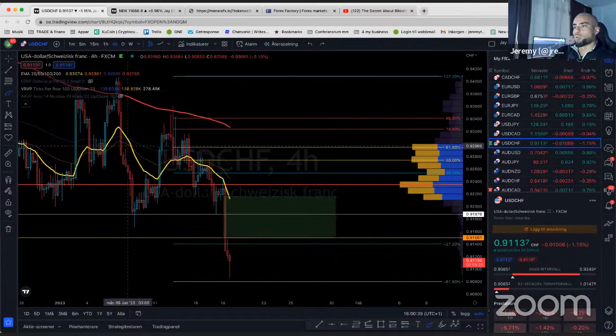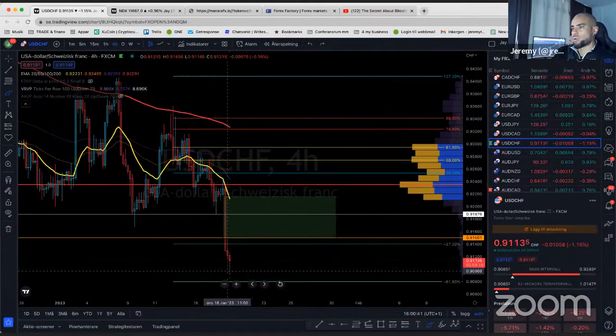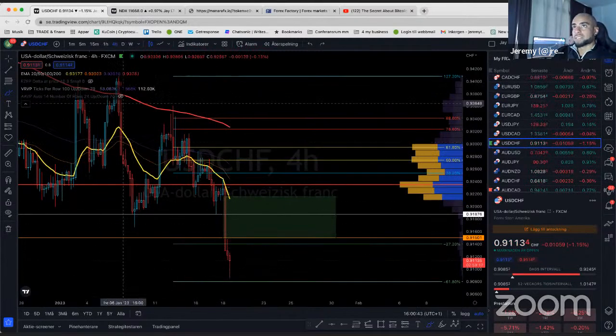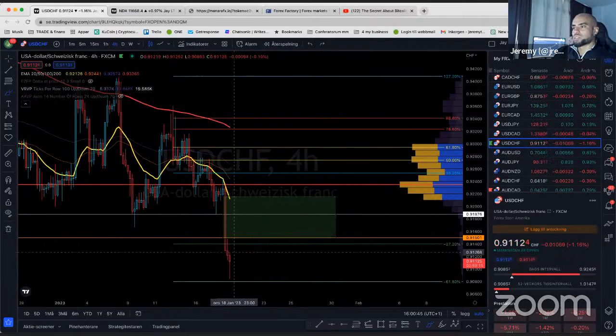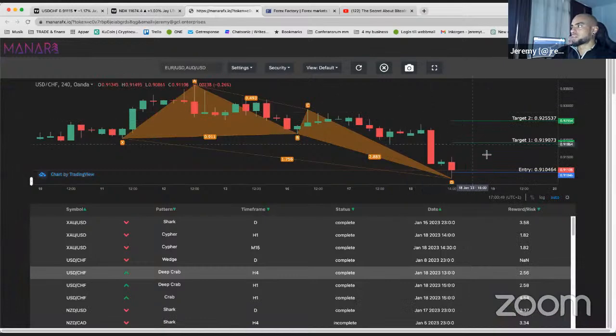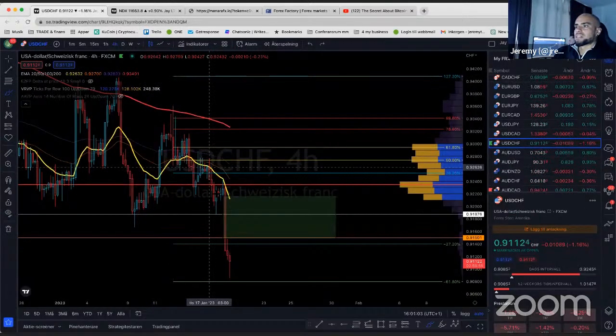But the problem is, when will it reverse? I would look for the market to reverse down here, but the market is facing resistance at this level already, which confluences with Manara. Manara is telling us to enter for a buy at 91.05.